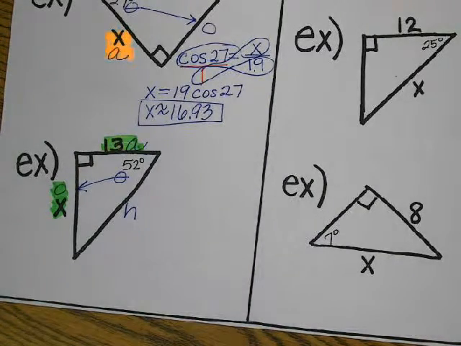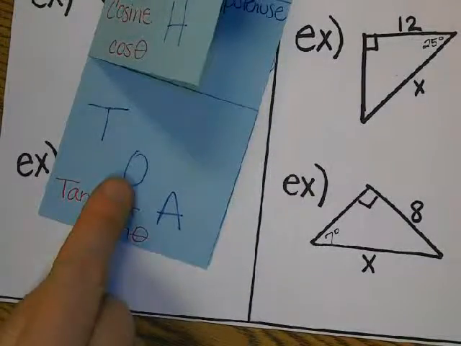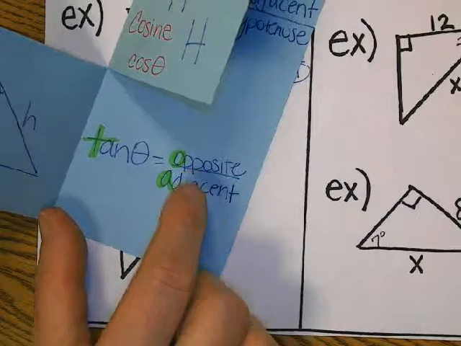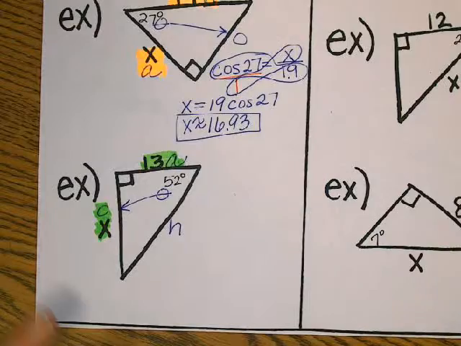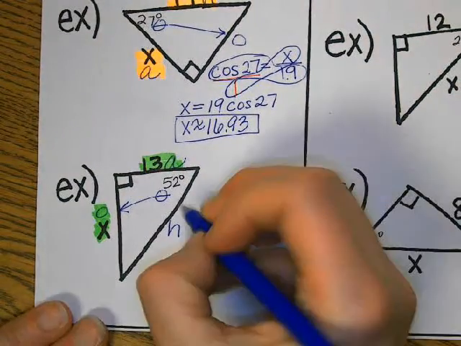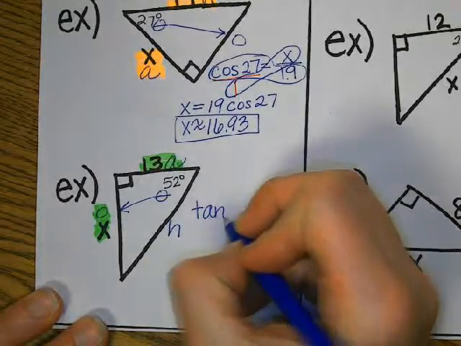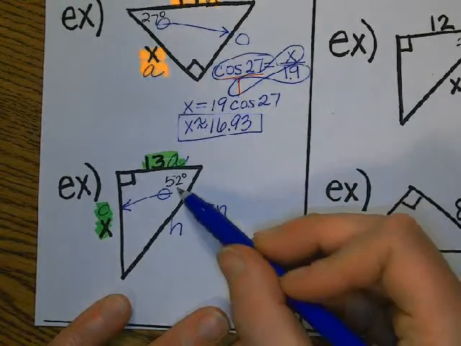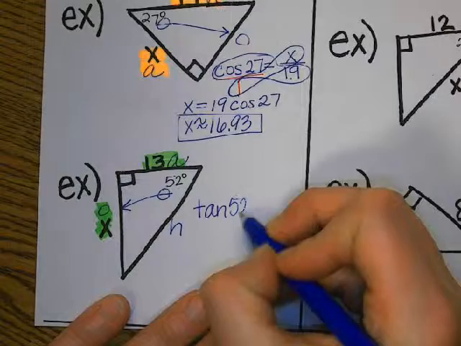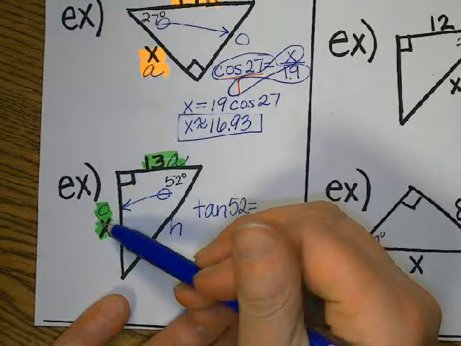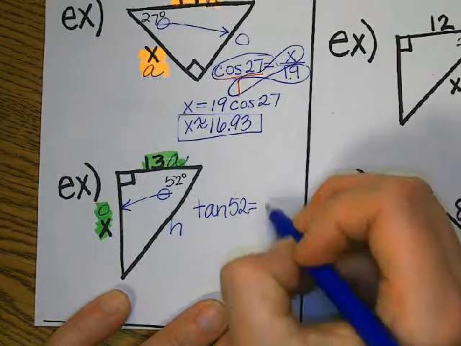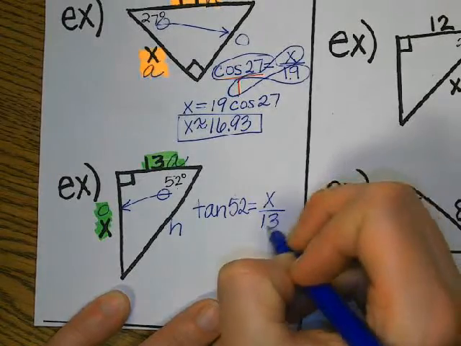So if we look at our 3, we've got opposite and adjacent on this one. So we're going to do opposite over adjacent. Tangent. Remember, we write tangent. Instead of putting theta, we put 52. And then we put opposite, which is x, over adjacent, which is 13.